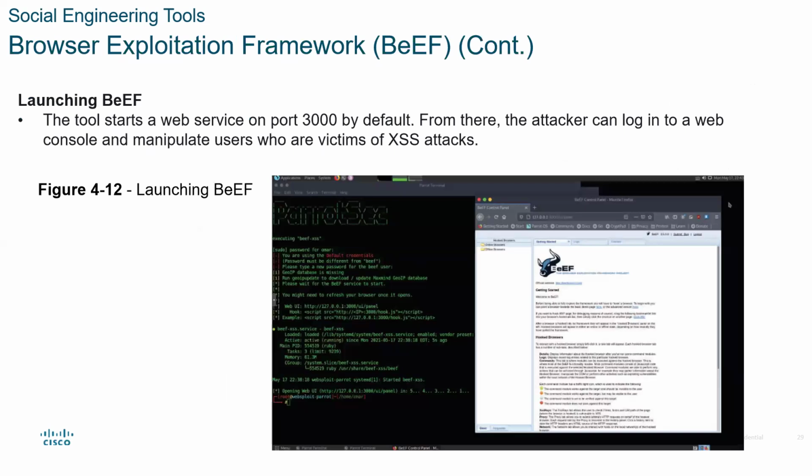Another one is BeEF. BeEF is the Browser Exploitation Framework. This is for you to check for XSS attacks. Now, you should understand that this is part of the OWASP Top 10, whether you're looking at misconfiguration, SQL injection, or XSS.